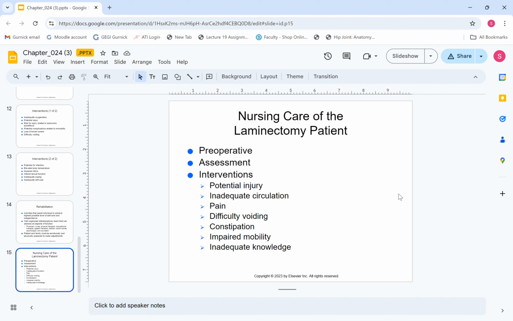We're going to teach our patient anything we want them to know before surgery and things we want them to do after surgery, maybe things like how to use an incentive spirometer, that we're going to treat for pain, that we're going to be doing vital signs frequently, that sort of thing.